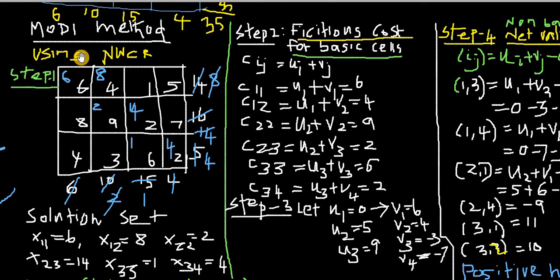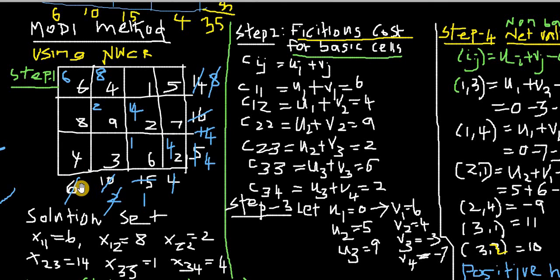Here the availability is 14 and the demand in this destination is 6 items.